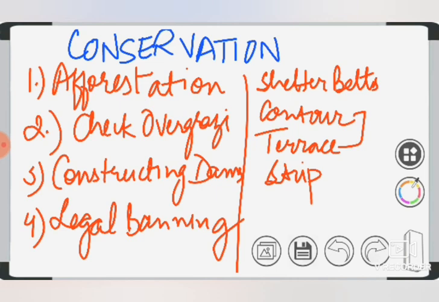Strip by strip, like you can see the stripes. They can be vertical, they can be horizontal, depending on what kind of area it is. Then technical help, financial help. All these are some ways of conserving the soil.